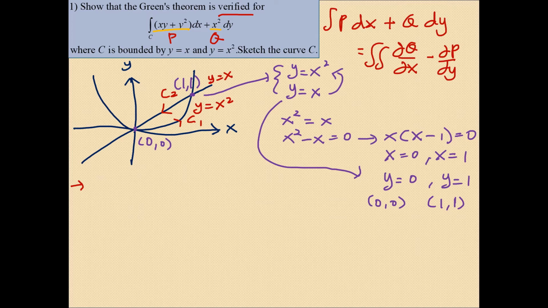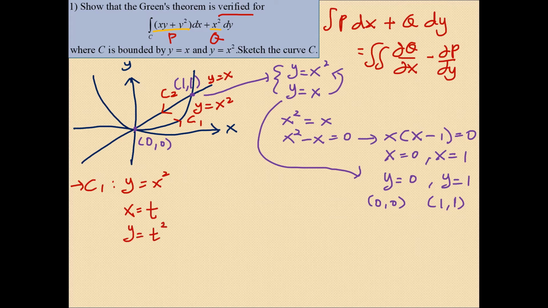So I will start with C1. C1 is y equal to x squared. Remember, the first step in doing the line integral is to parameterize the equation. So you parameterize y equal to x squared: you take x equal to t, therefore y is equal to t squared.